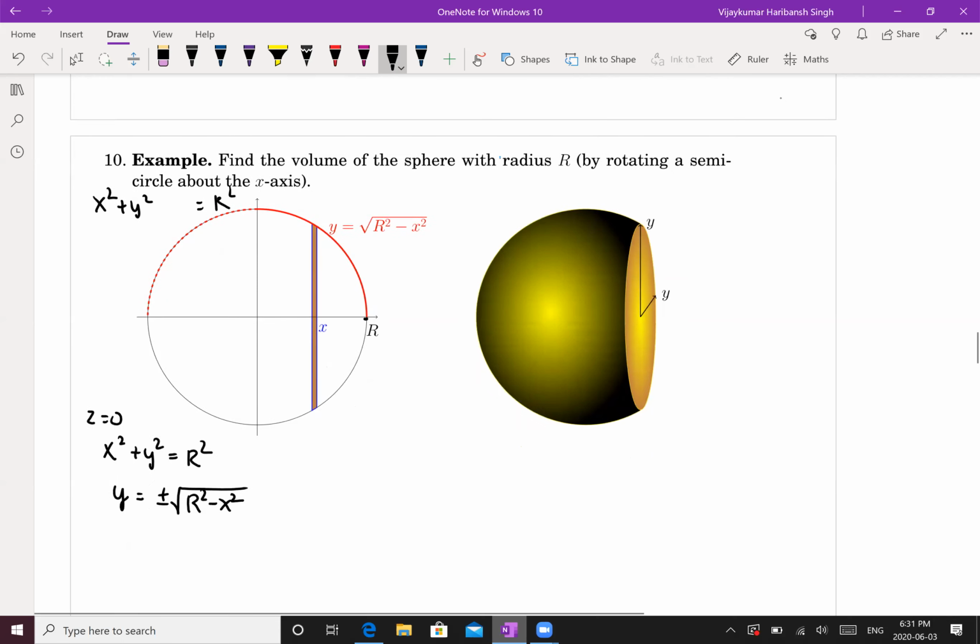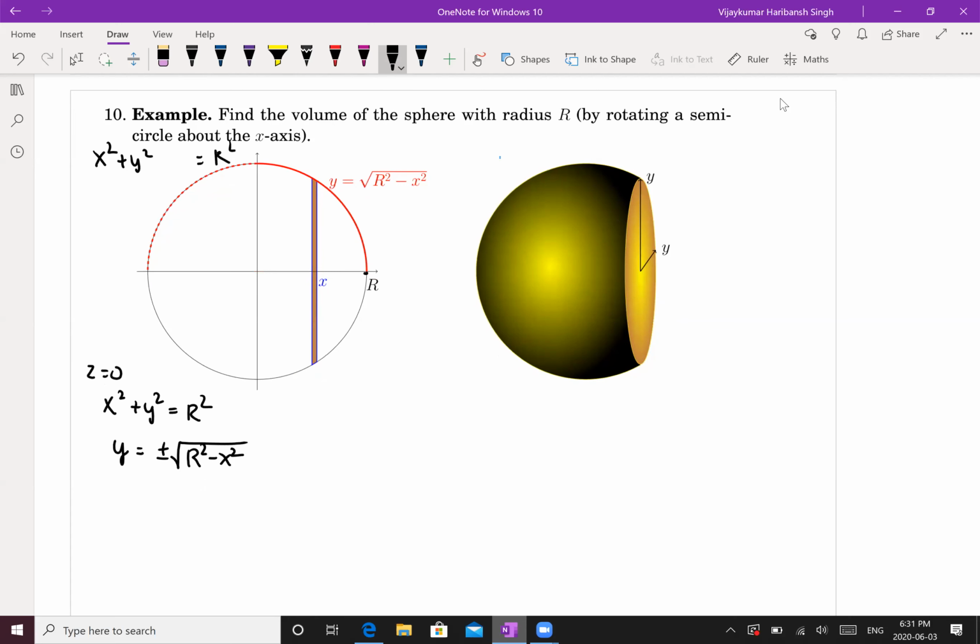And we are rotating the semicircle about the x-axis, so we'll take y equals the square root of r squared minus x squared. We are going to take the upper part, and x goes from minus r to r. So now we want to find the cross-sectional area. Look at the cross-sectional.